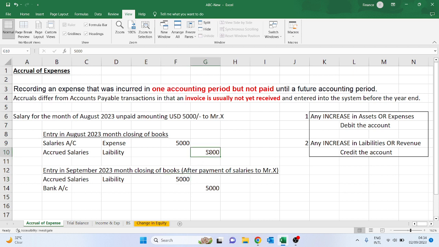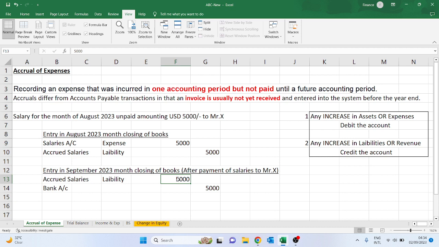Because we are removing that liability. We have created a liability in the month of August, and in September, because we have already paid him, we are removing that liability and we are debiting it. Here an increase is credit, so a decrease will be debited. So the decrease in liability means accrued salaries.